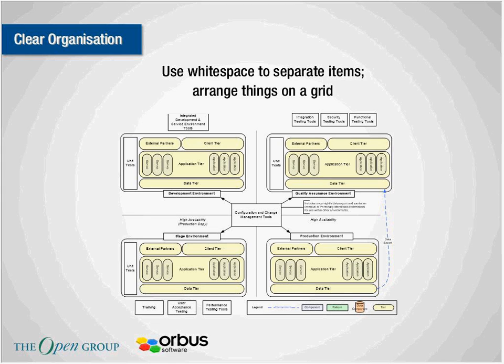So, use space generously, and also arrange carefully on a grid. So your users, the consumers of the diagrams, can have confidence and a sense of what the organization of the diagram is, so they can find the information on it easily.